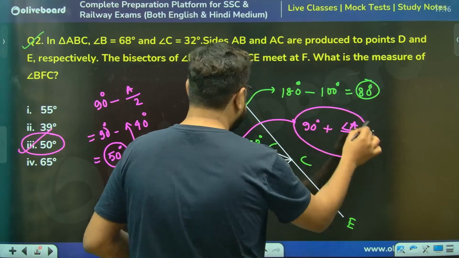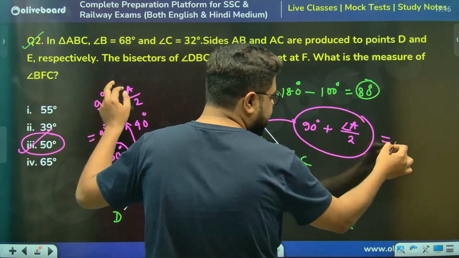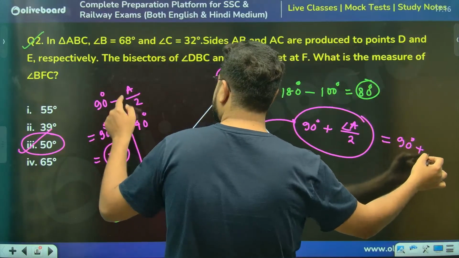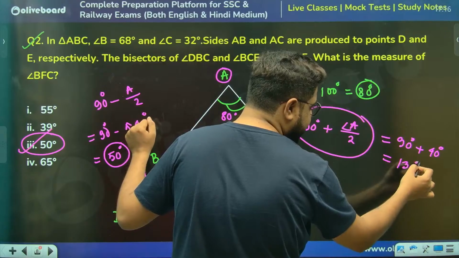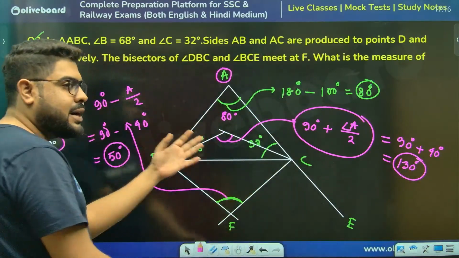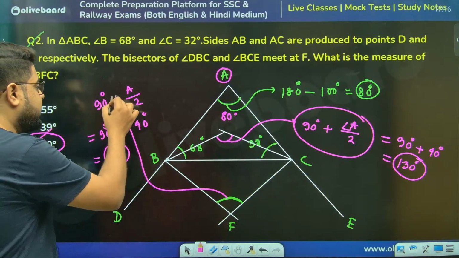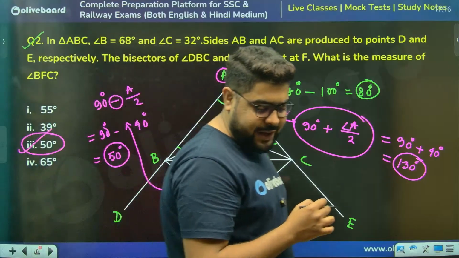So your answer would have been 90 plus 80 by 2, that is 40, so that angle would have been 130. But for the external angle bisectors, it will always be minus.